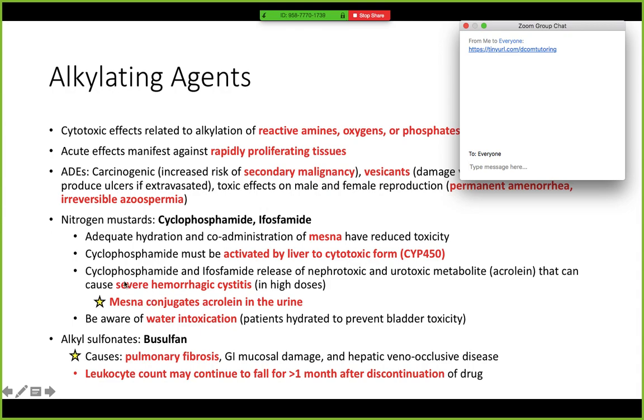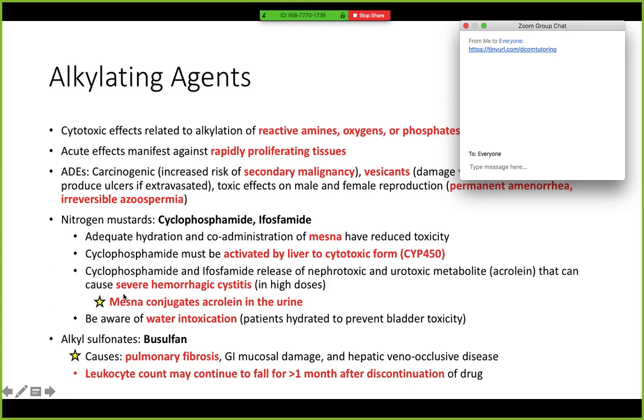The most important point here to remember is that cyclophosphamide and ifosfamide release a nephrotoxic and urotoxic metabolite known as acrolein, and this can cause severe hemorrhagic cystitis.